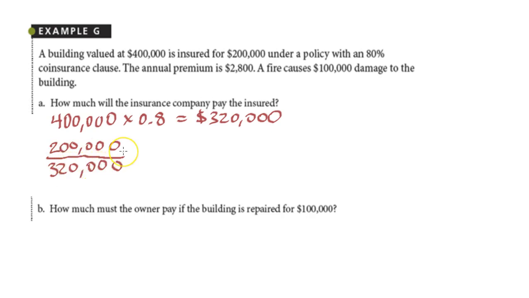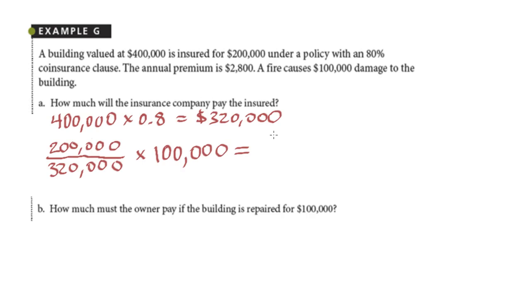And then we multiply by $100,000, the amount of the loss. So the damage is $100,000. We're going to take that and multiply it. So this represents how much the insurance company is covering.